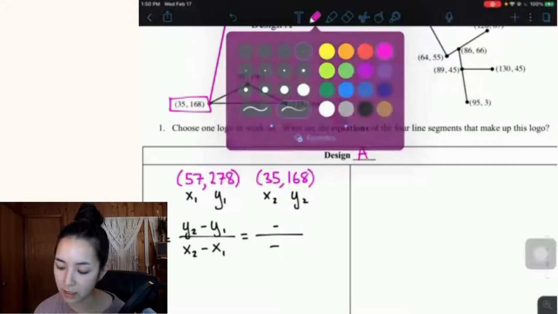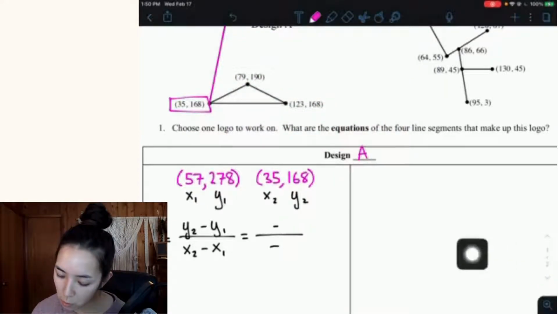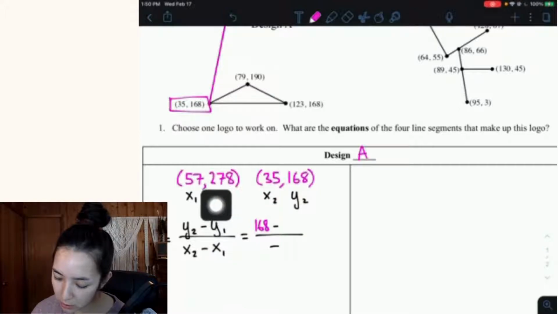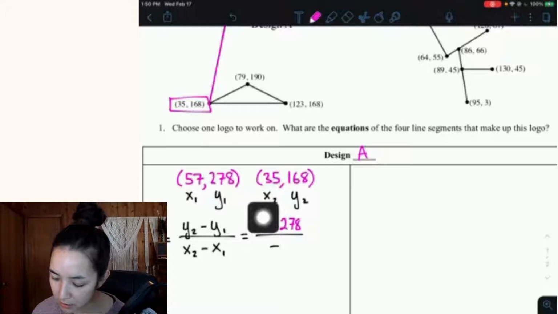So if I were to plug in numbers, y2 is 168, y1 is 278, x2 is 35, x1 is 57.